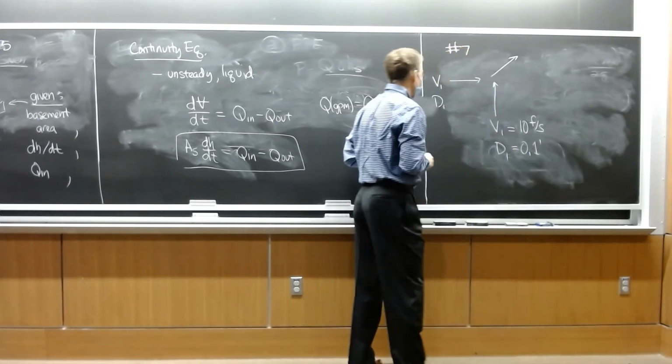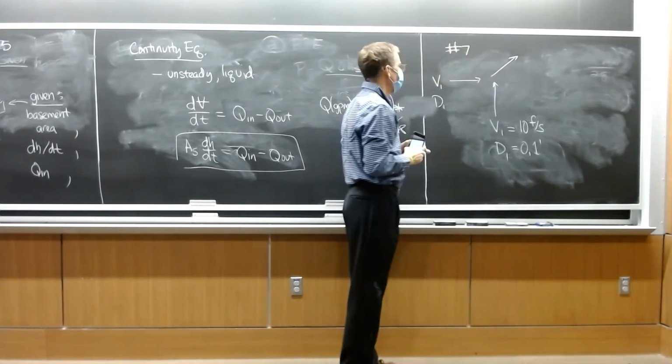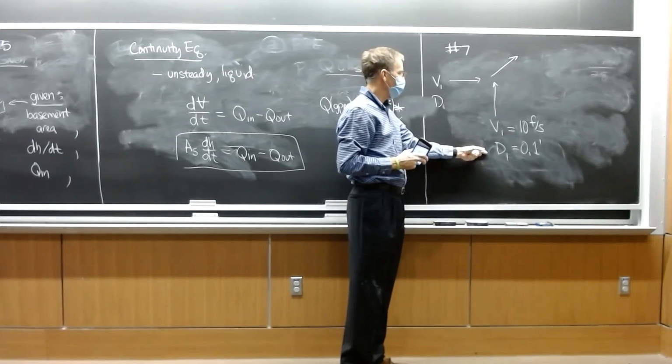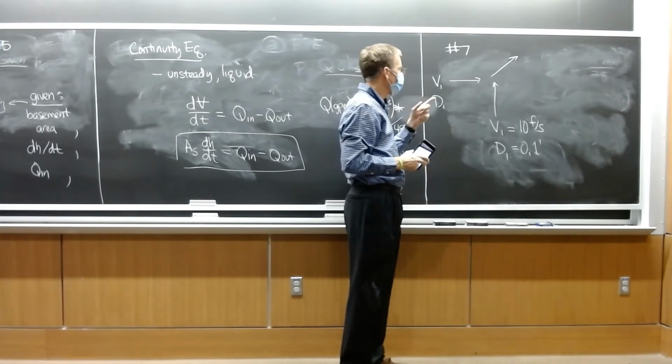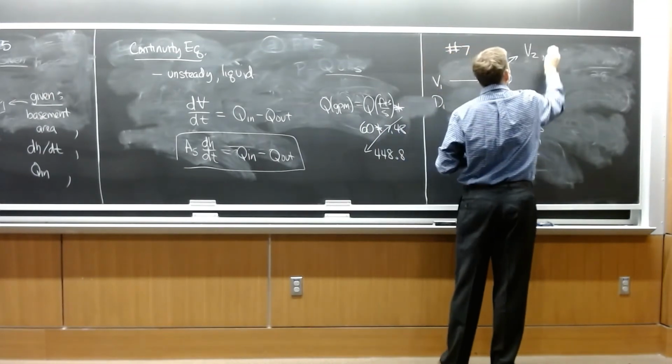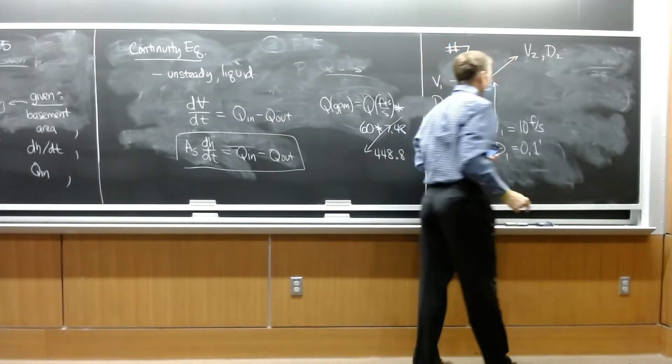All right, so we're given the two jets with a given velocity and the diameter of this circular jet, and then asked to find the outgoing velocity.